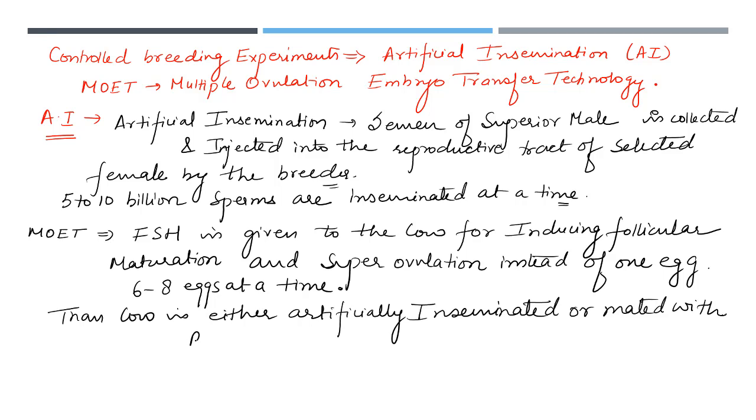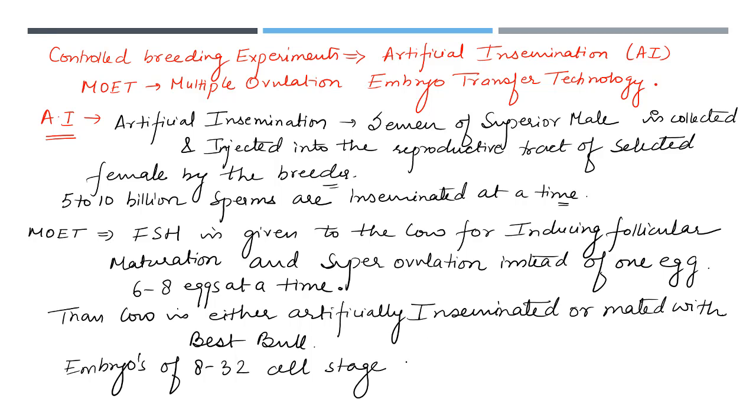The embryos at the 8 to 32 cell stage are recovered and transferred to surrogate mothers, right? Because they need, we can say, a living uterus for their development.